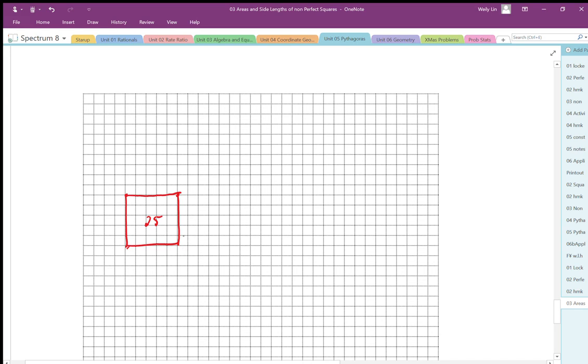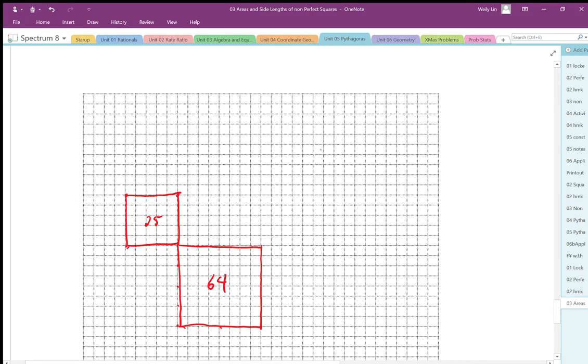So not quite sure, but maybe if I just draw an 8 square, so 2, 4, 6, 8. So here's an 8 square, 4, 8. So that's 64 squares here. So I need to be able to draw 89 squares.